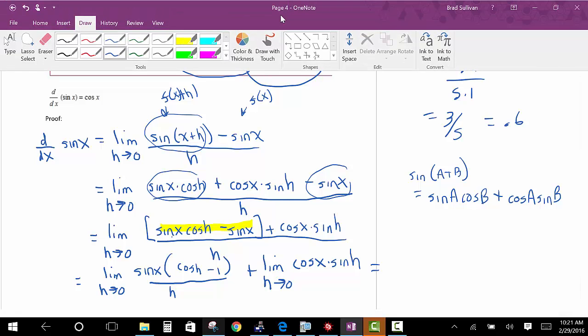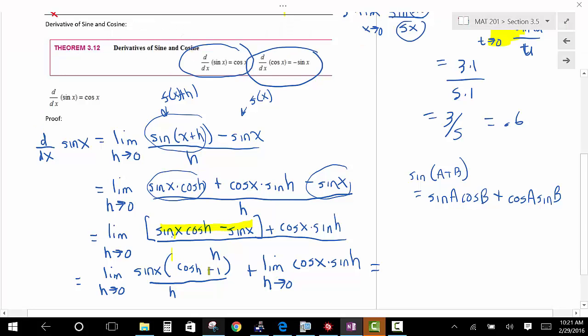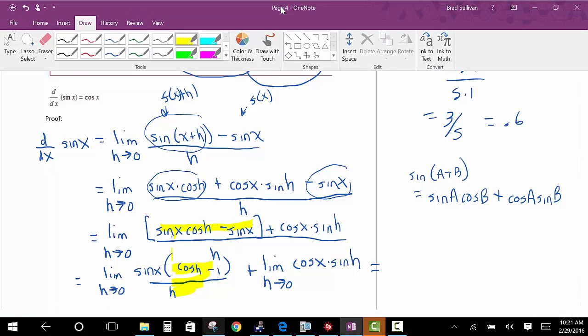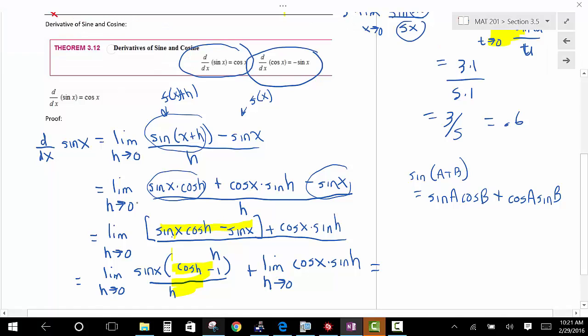You may have already forgotten this because it's been a while since we did this, but when we did the limit of cosine h minus 1, that ended up being 0. If you look back in your notes, when we did that limit, we can do that. So this sine right here can be treated like a constant. See that x and h are different variables.